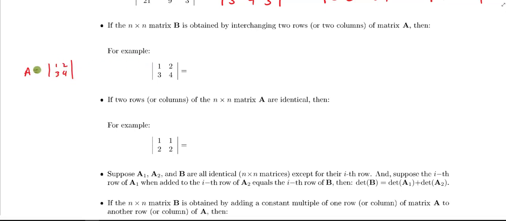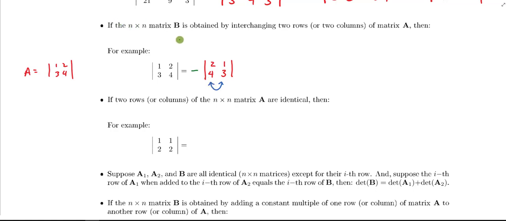If we were to interchange, let's say swap the first column with the second column, it turns out that we can do so, but it changes the sign on the determinant. So let's do that here specifically for this example. We can see that if I were to swap these two columns, that would have the effect of changing the sign of the overall determinant.